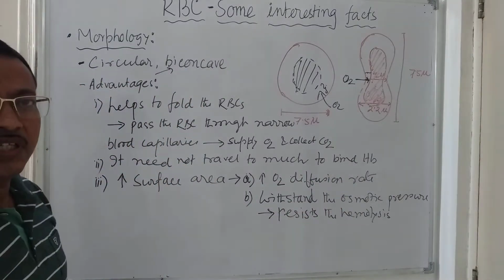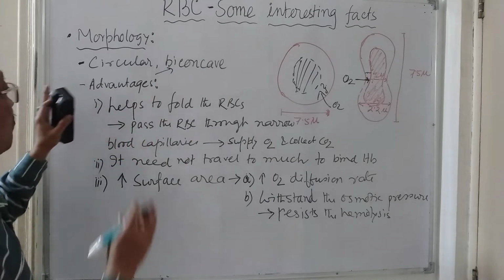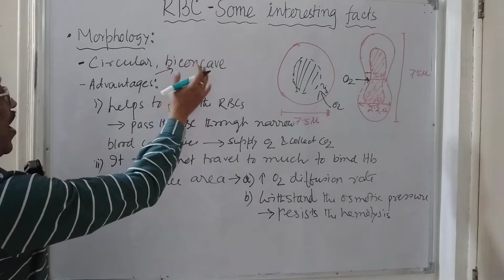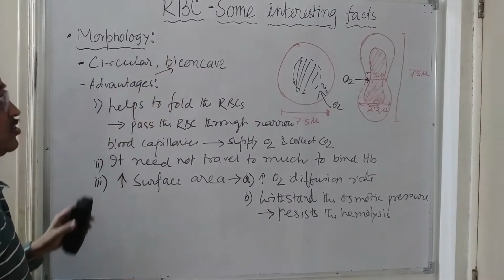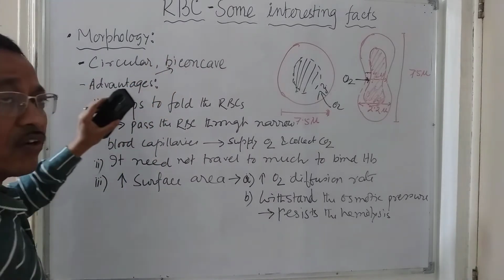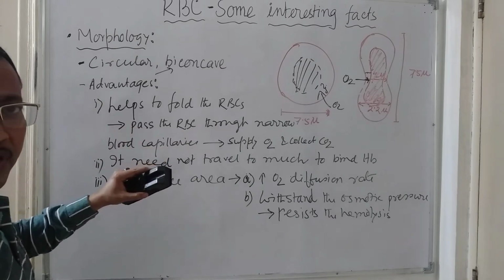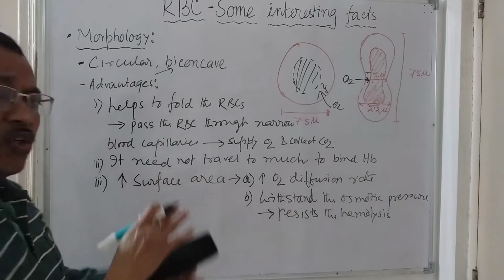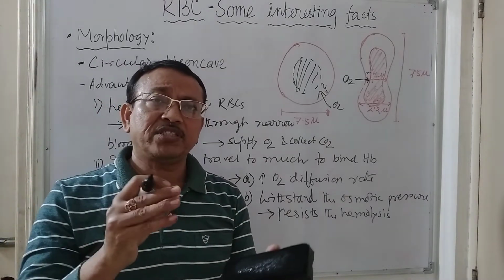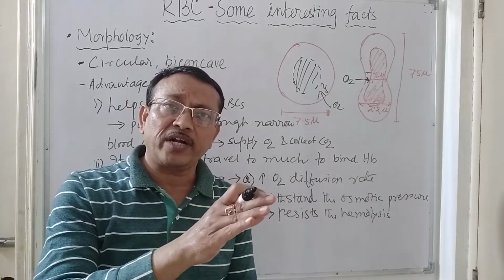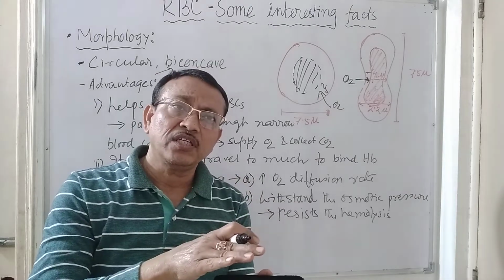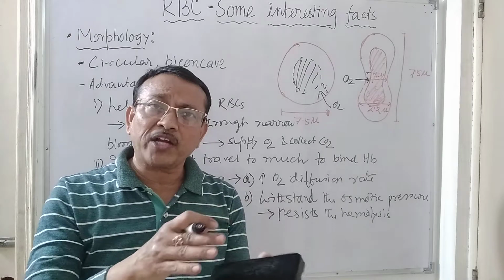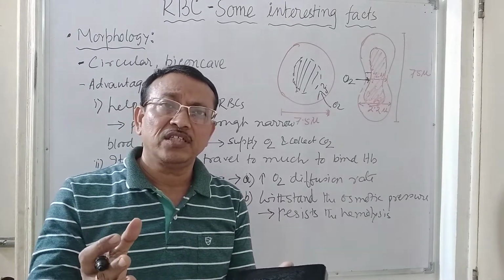So these are the interesting facts regarding the shape of the RBC, that is, biconcavity. And here one thing I want to add: as I told you, once the RBC passes through the narrow blood capillaries, it gets folded, and once again it will come back to the wider capillary.